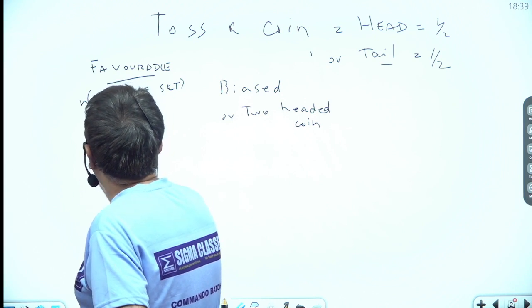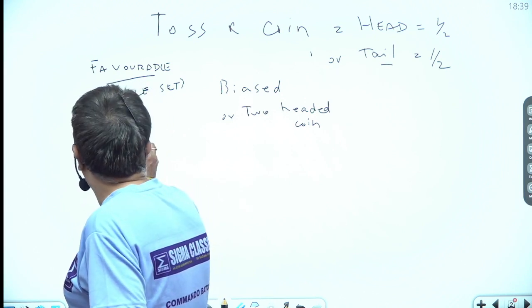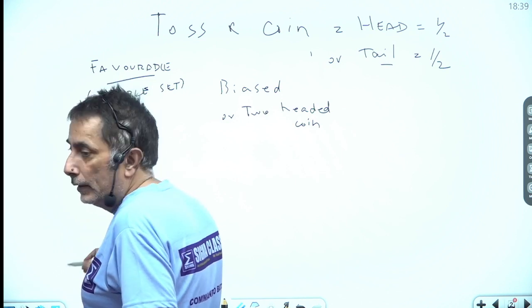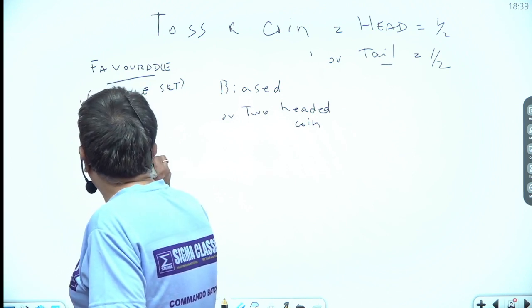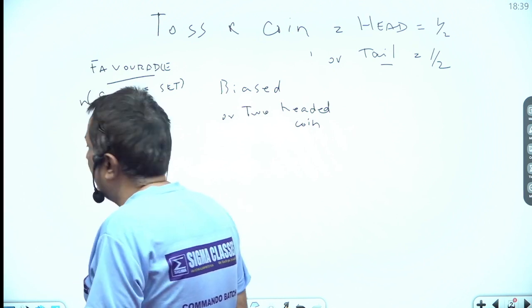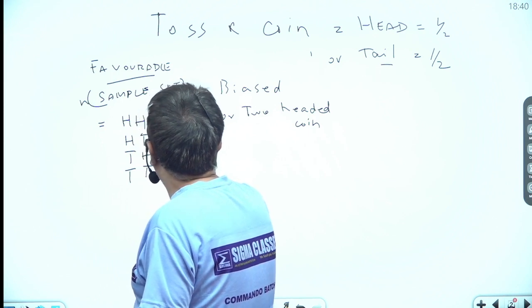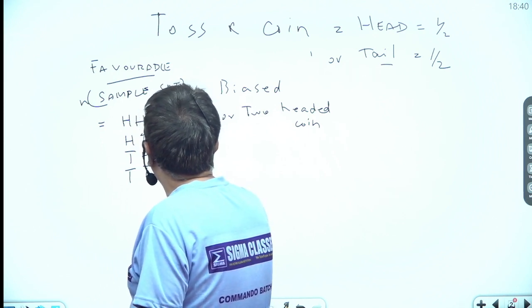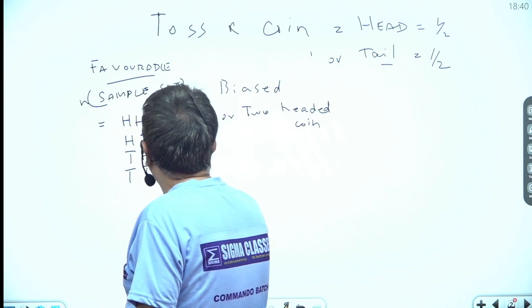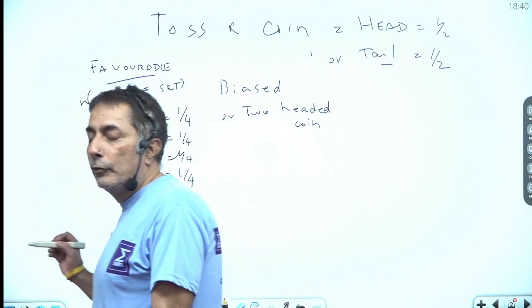The possibility is you can get two heads, you can get head or a tail, or you can get a tail or a head or tail. So this is 1/4, 1/4, 1/4 and 1/4.